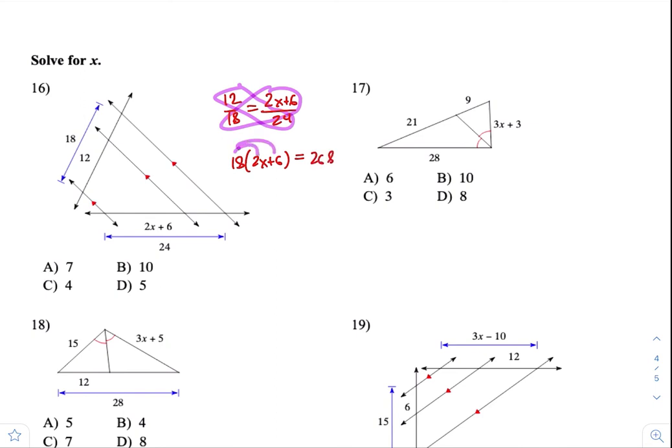Distribute. 36x plus 18 times 6, 108. Subtract 108 from both sides. 160, divide both by 36.